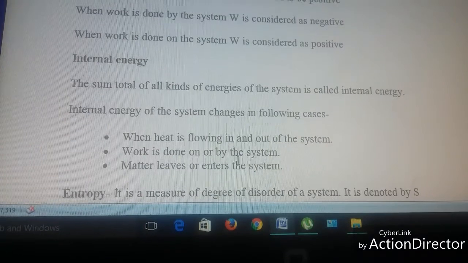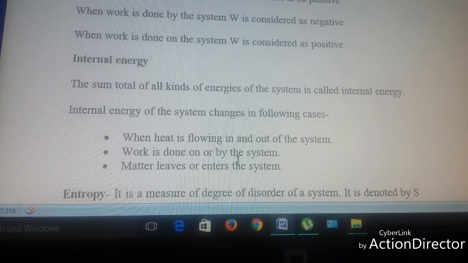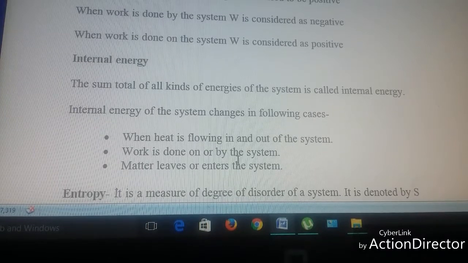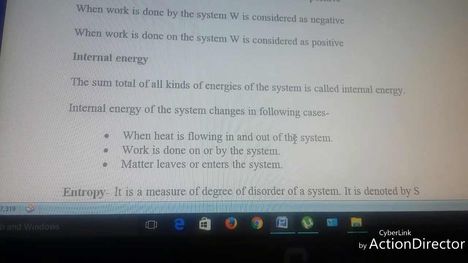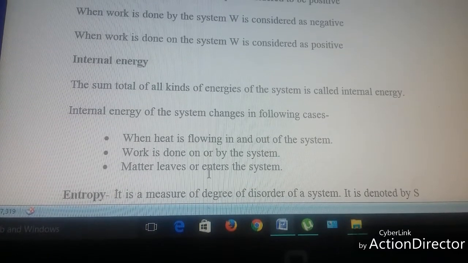Let us talk about internal energy, that is the sum total of all the different energies of the system. The internal energy of the system changes when heat flows in and out of the system, when work is done on or by the system, and when matter leaves or enters the system.